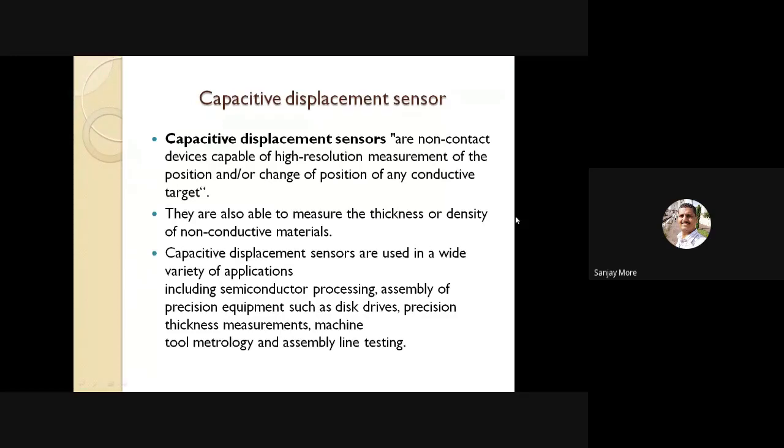For example, disk drive, or tool metallurgy and assembly line testing. In assembly line testing, they are used to measure the exact or accurate component or part.